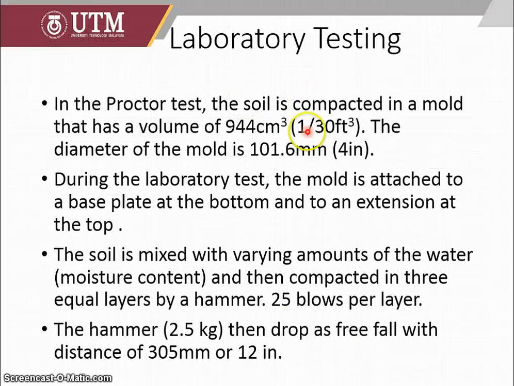So the soil will be compacted in a mold, and this mold is attached to the base plate, and also it has an extension, or I would call that a collar. And for the soil sample, we have to vary the amount of water, so we can have about 4 to 5 different soil samples, and we do the compaction.